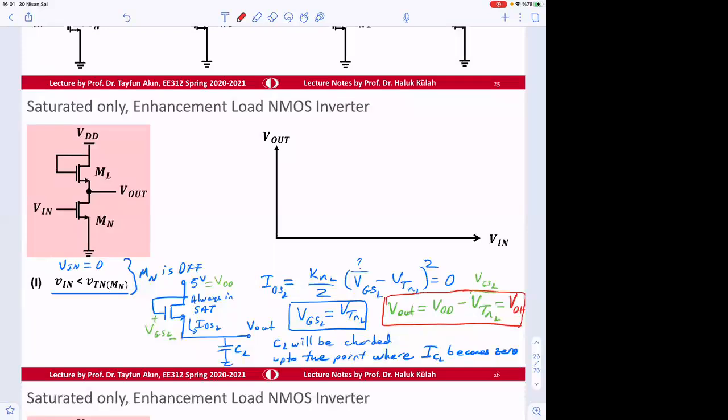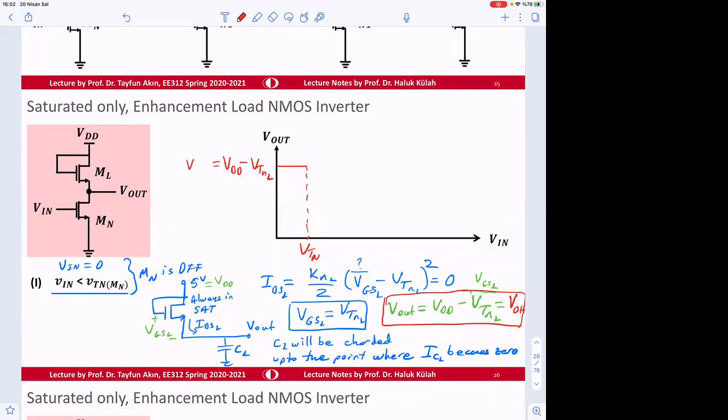I hope you are comfortable, so the voltage here is going to be VDD minus VTN of L. If VTN of L is 1 volt and VDD is 5 volt, then this is going to be 4 volt.